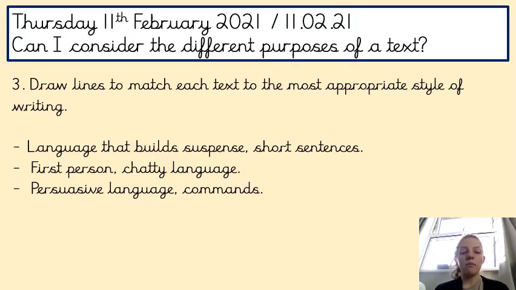The first one is language that builds suspense and short sentences. When you use language to build suspense, you're trying to create an atmosphere for the reader. So you're trying to perhaps make it a little bit eerie or spooky, or the text is going to be a little bit scary, or it's going to be a thriller. The sentences are going to be slightly shorter, and the language that's going to be used is going to be things like, slowly I walked on the creaky floorboards.